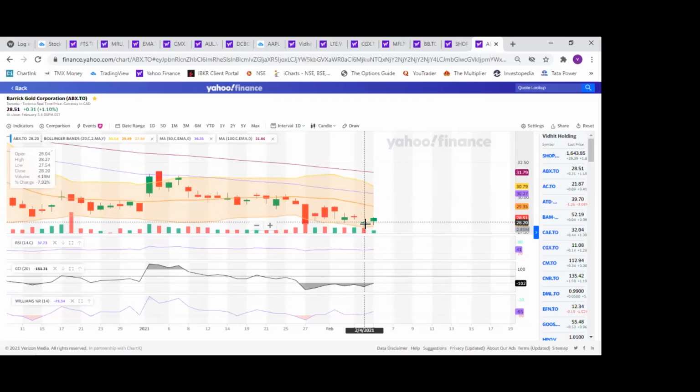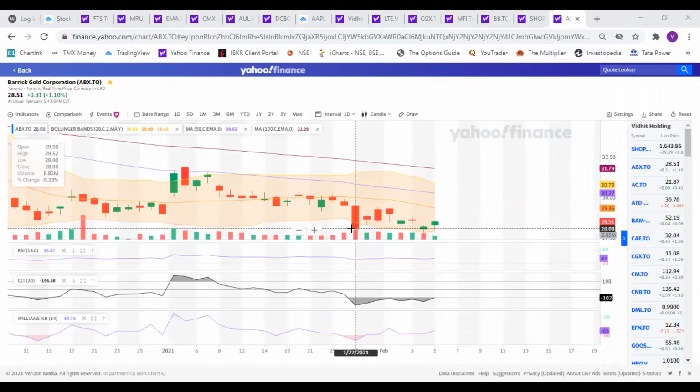From this chart, Williams-R is minus 76. Over here, Williams-R was minus 97, CCI at minus 156. It moved up immediately. Though they were red candles, on January 27th, Williams-R tells you, let's start buying it.